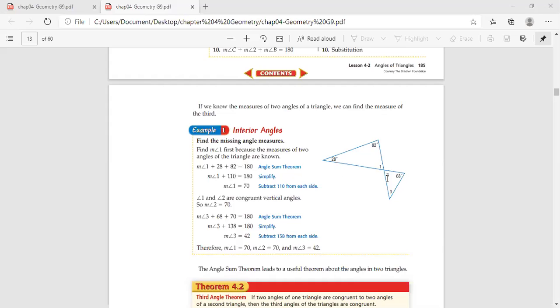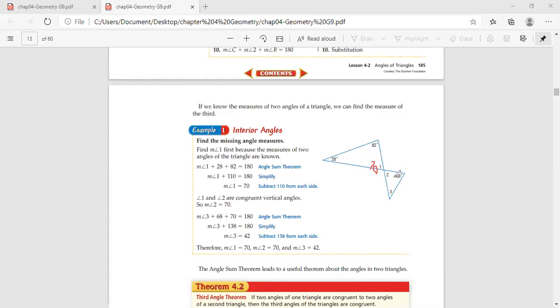Now, what is the relation between angle 1 and angle 2? They are equal by vertical angles. So this angle equals 70.